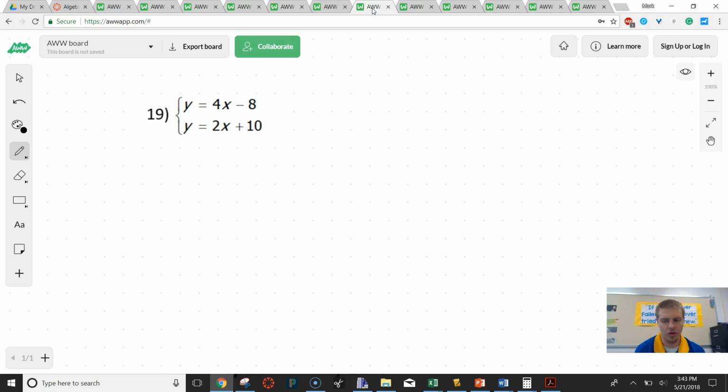This one they want me to solve and see how many answers I would get. I could graph it and just see where these two lines cross. But instead of graphing this, I like to use substitution. So if I know y equals 4x minus 8, and I know y equals 2x plus 10, y and y are the same.